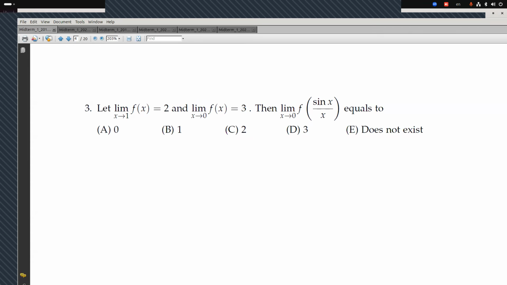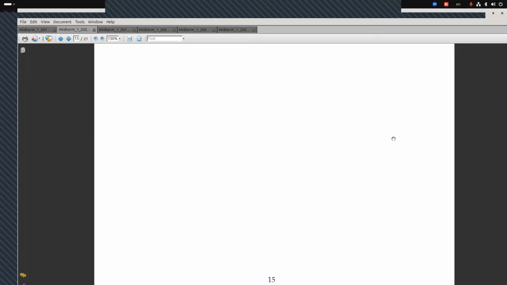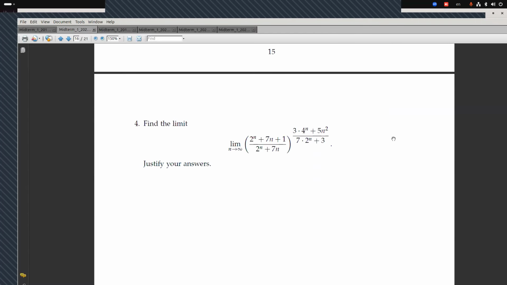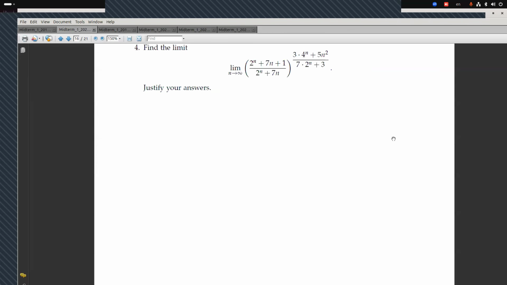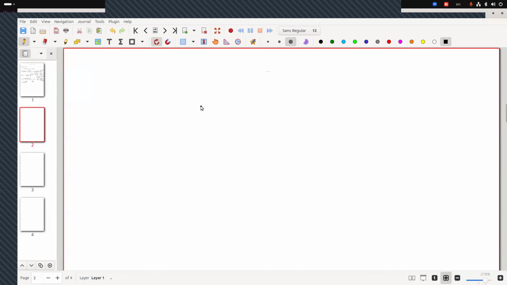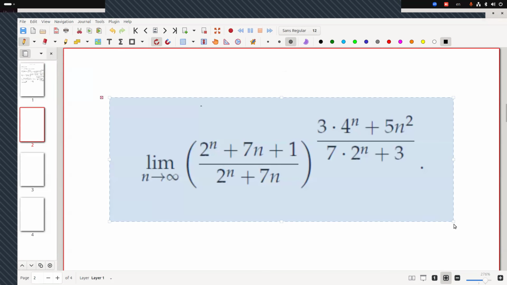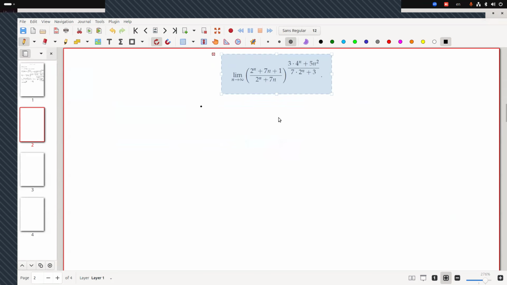2024 show work number 4. It's quite similar to the previous exercise that we have discussed.